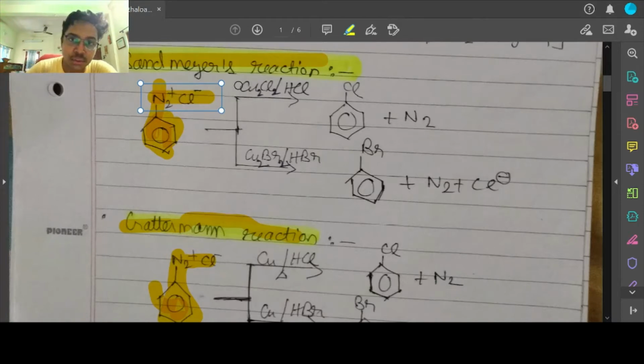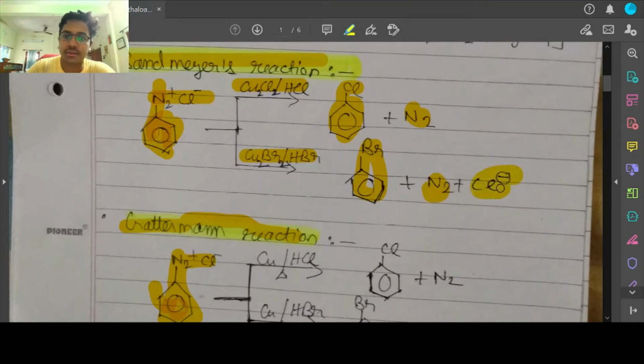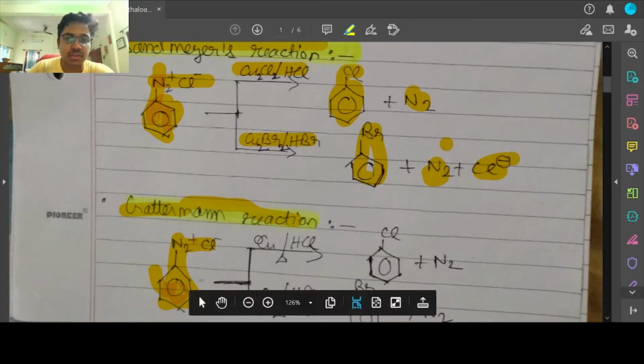In the presence of Cu2Cl2 and HCl, it gives chlorobenzene and N2. In the presence of Cu2Br2 and HBr, it gives bromobenzene, N2, and a Cl minus ion. In Sandmeyer's reaction, we use Cu2Cl2 and HCl. In Gattermann reaction, we use only copper and HCl. So note the difference.